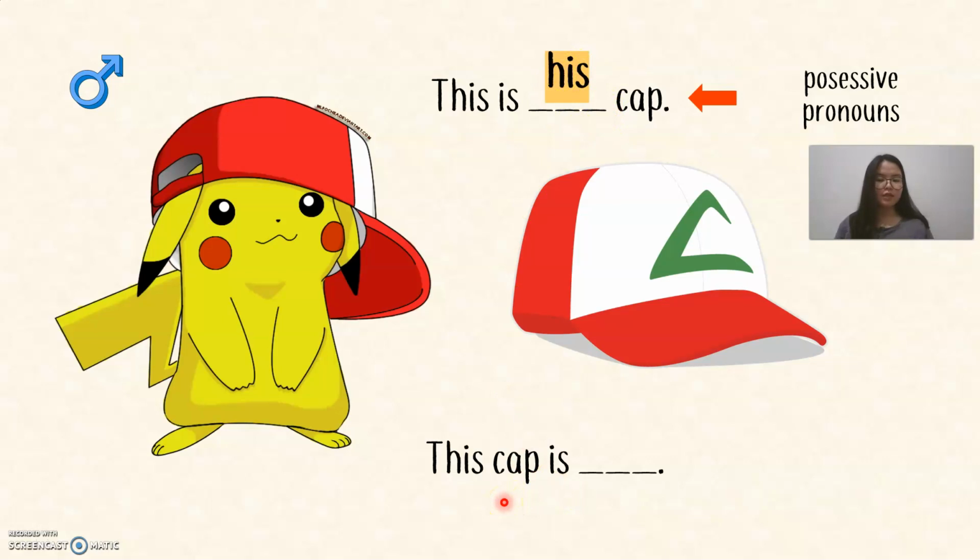What about this cap is his? Still the same, because like what I said before, his already ends with s, so we don't need to double it with another s. And this one is a possessive adjective.